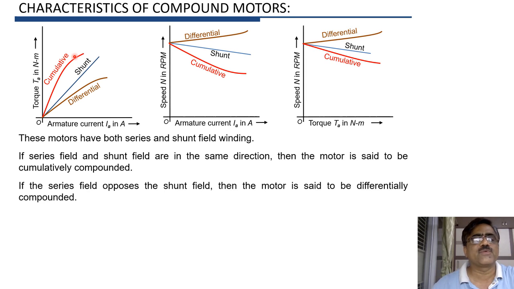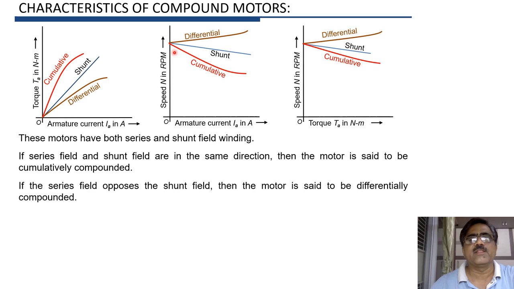So, in case of cumulatively compounded motors, starting torque of the motor is high because the series flux and shunt flux gets added at light load. After saturation, series field flux remains constant.